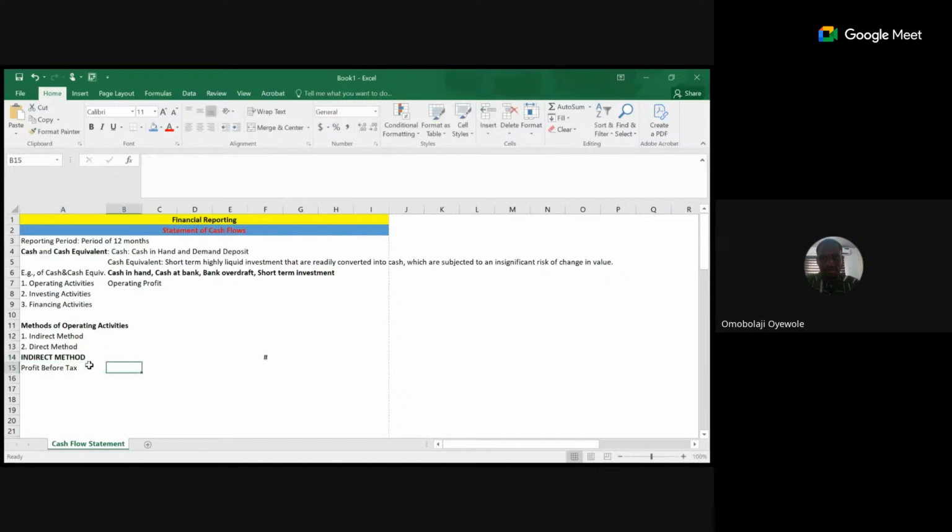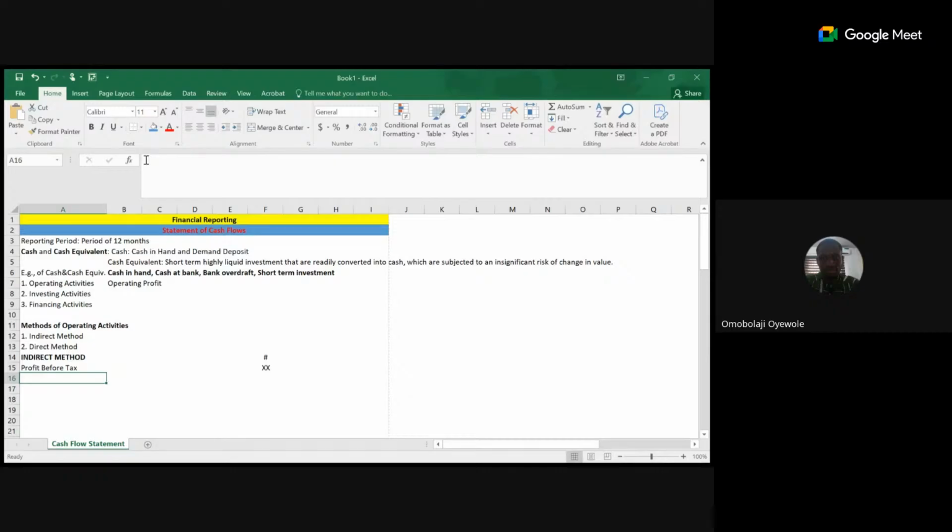So our starting point is the profits before tax.